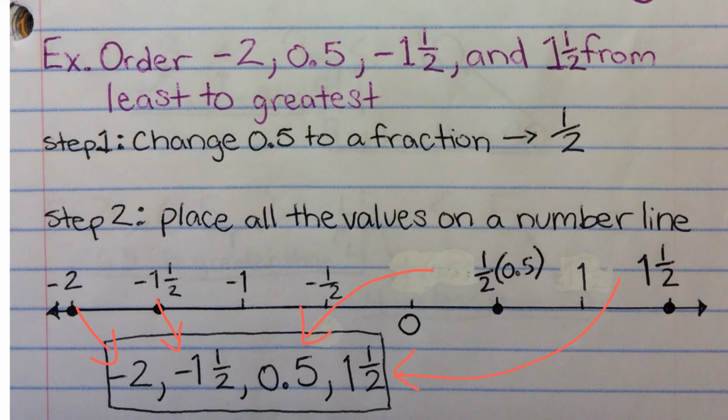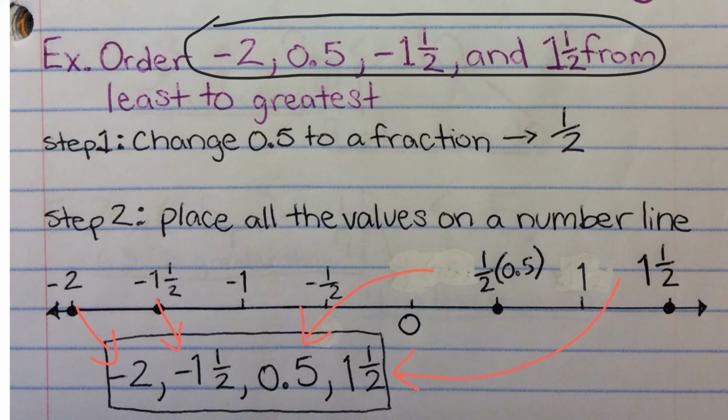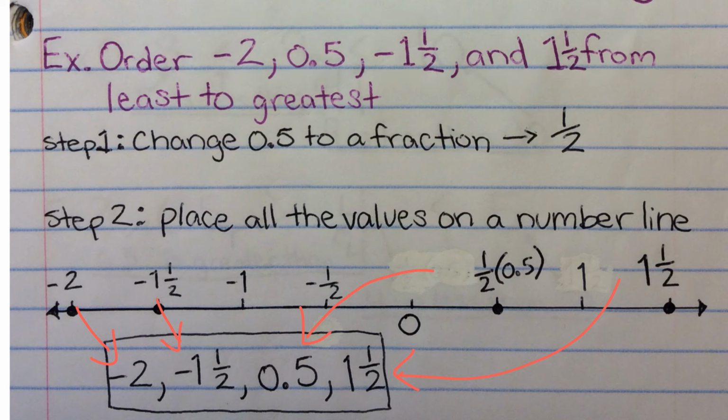It's as simple as taking these 4 rational numbers that it gives us, putting them on a number line. Okay, we want to remember the left is smaller, right is bigger. If it's a vertical number line, the top is bigger, the bottom is smaller. We will practice this in class many, many times, and I don't think you will have much trouble with it after we've done it just a handful of times.